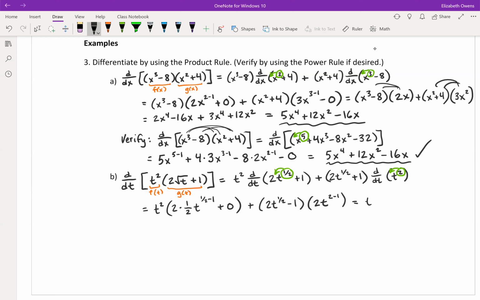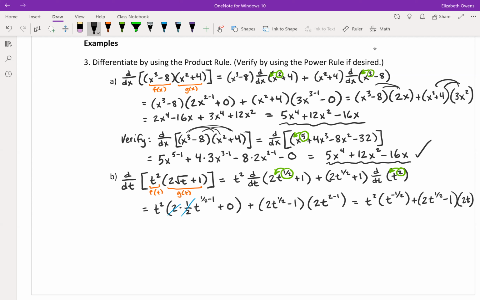We've got t squared times, well, looks like we get a little cancellation here with the 2 and the 1/2, so that's nice. So inside there is really just t to the -1/2 power. And then plus 2t to the 1/2 minus 1 times, let's see if I can fit this in here, 2t.